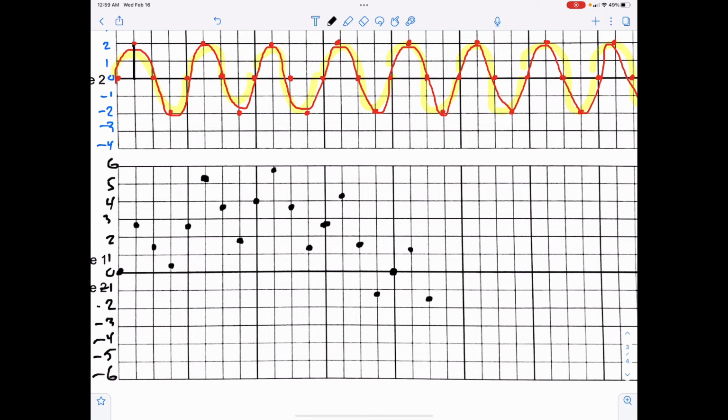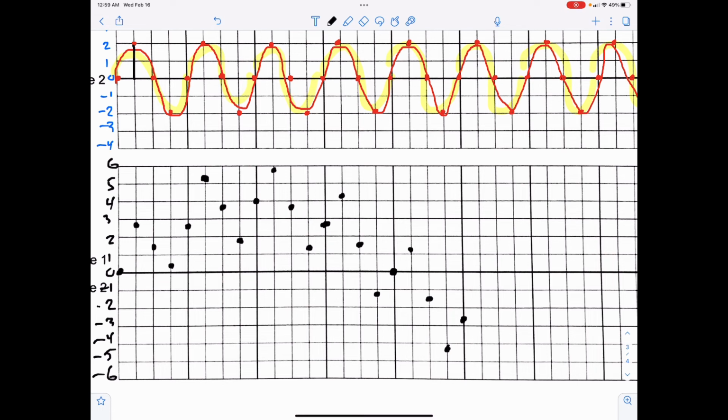That'd be about right here. Okay, block 19, we're down to negative 4.2. So negative 4.2 would be about right there. At block 20, we're down to negative 2.8. Roughly about there.